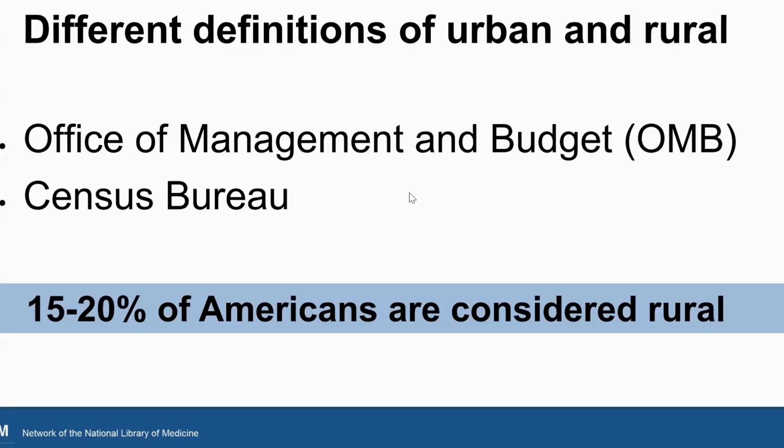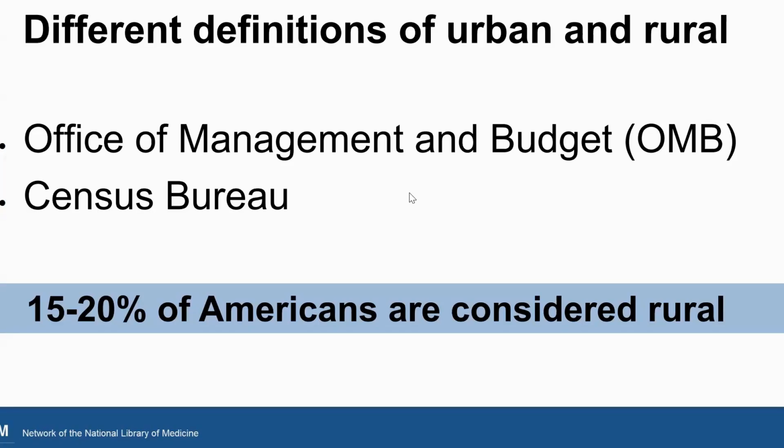The other thing to take away from this is, especially if you are applying for funding or you are going for programming, to be aware of what definition they're using, because that may change whether or not your community is eligible for that program.